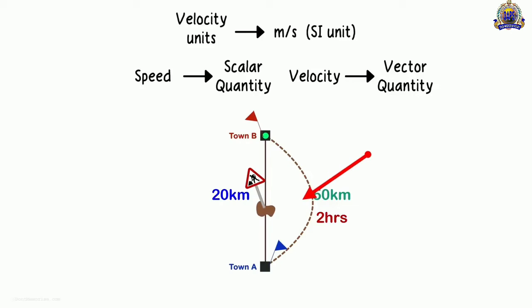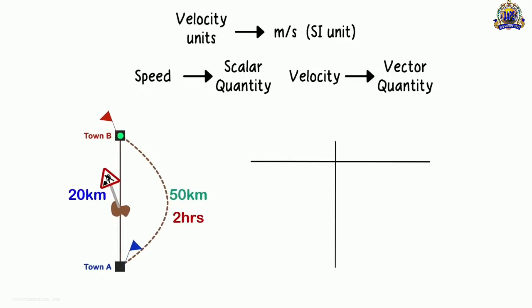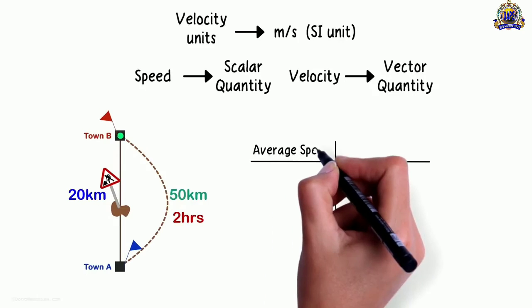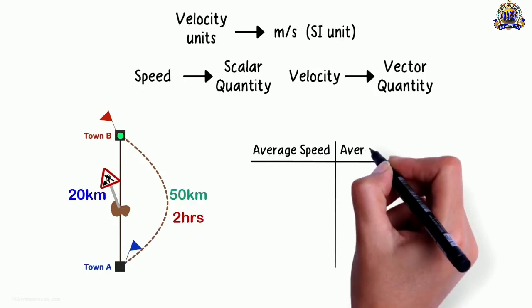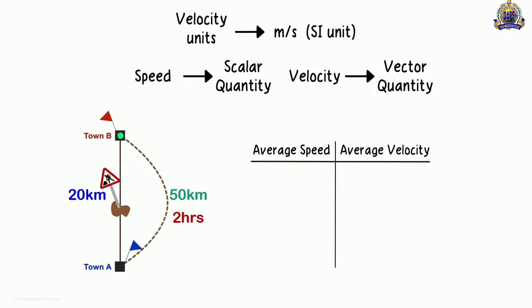But the other one, 50 kilometers, which is covered in 2 hours, is the longer path length. So it is called the distance, and it will be called the speed if the distance is covered in a particular time.